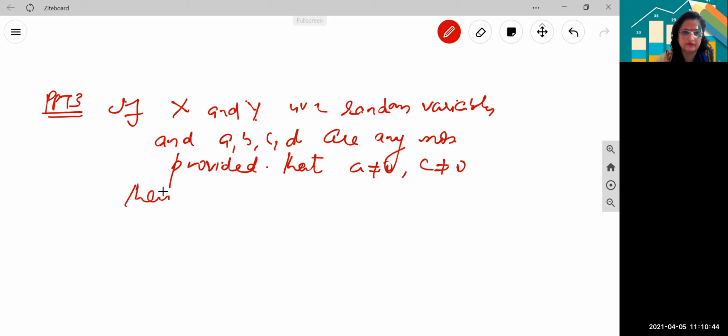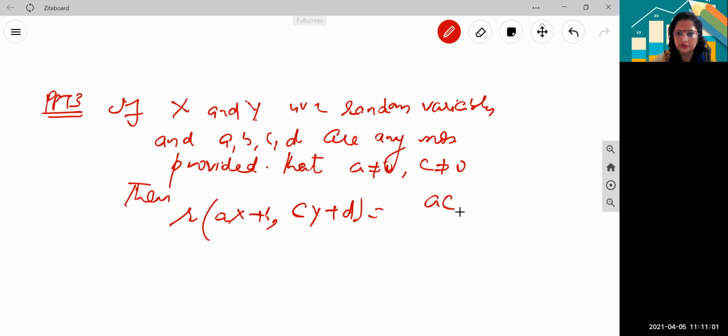Then what we want to prove is that the correlation coefficient between the random variables AX plus B and CY plus D is equal to AC upon mod of AC into Rxy.